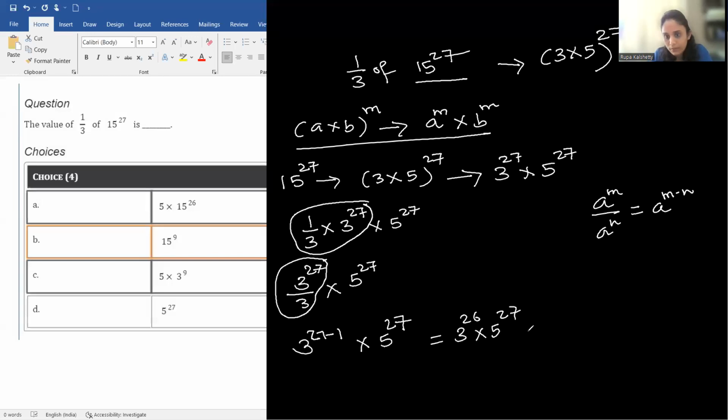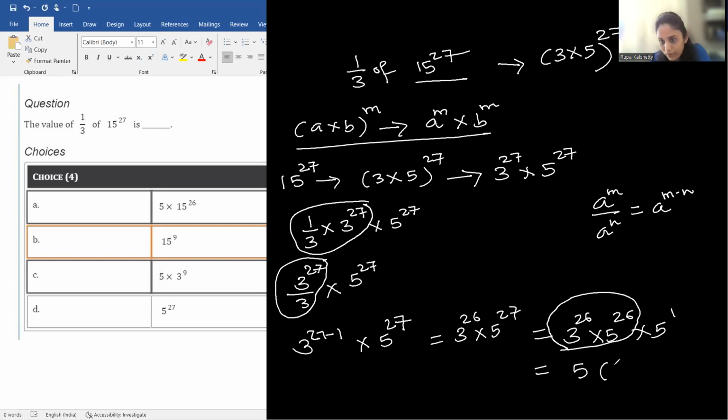Here, can we rewrite 3 to the power of 26 times 5 to the power of 27 as 3 to the power of 26 times 5 to the power of 26 times 5 to the power of 1? Can we rewrite like this? So 5 to the power of 1 is nothing but 5, and this part, if you focus here, can be rewritten as 15 to the power of 26.